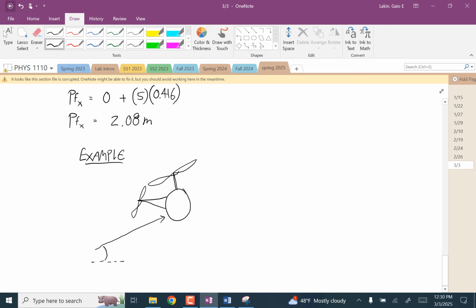And let's say this angle is 30 degrees. And let's say that this helicopter is moving. How fast can a helicopter go? Pretty fast, right? Maybe not when it's going that steep, though. Let's say 20 meters per second.